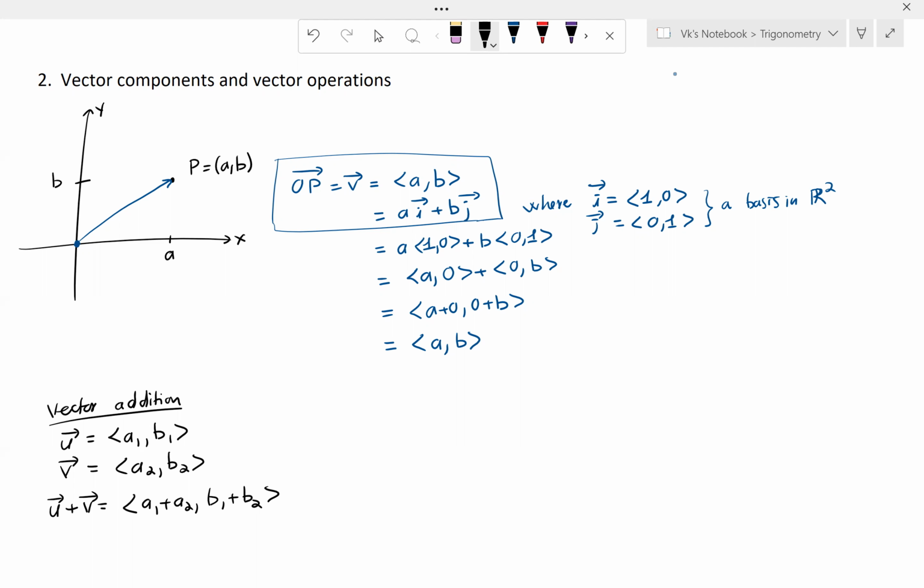We also have a definition for scalar multiplication. C times (A1, B1) is the same as (CA1, CB1). Pretty cool.